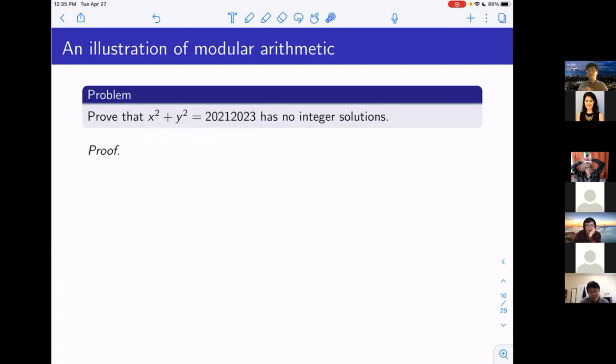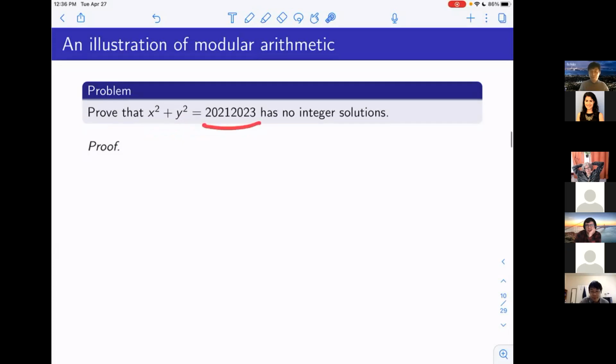So you don't need to check infinitely many possibilities, because if x and y are large enough, then certainly it's not going to work. So for instance, you can let x go from 0 to the square root of this number and then check case by case. That's one way. But as a human being, there's a more clever way.